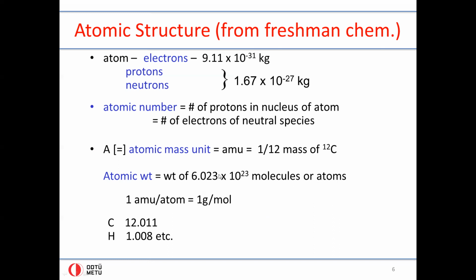And this is the famous Avogadro's number, 6.023 times 10 to the 23 molecules. So when you have this many atoms of carbon, you end up with 12 grams, hence the definition of 12 grams per 1 mole. And this is 1 gram per mole for something like hydrogen.